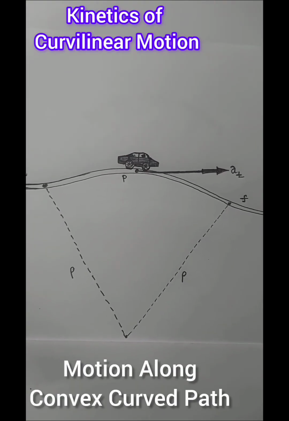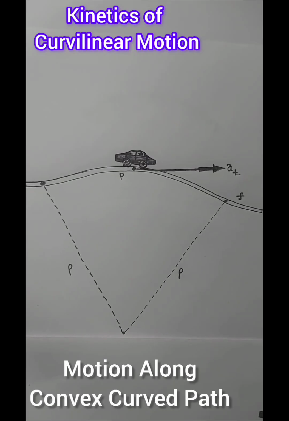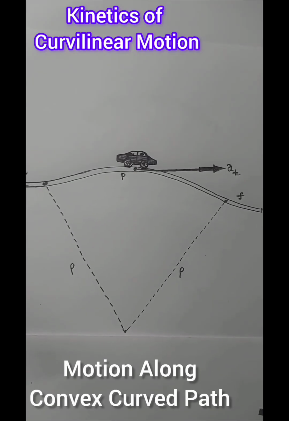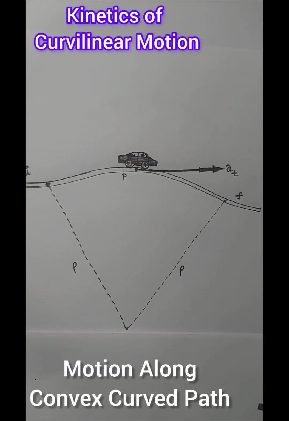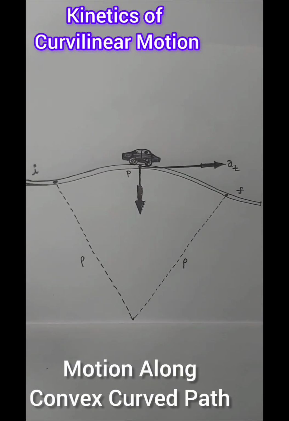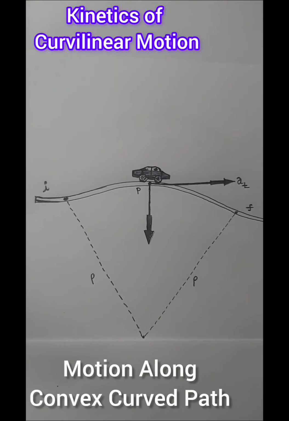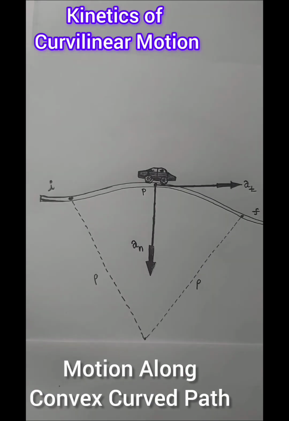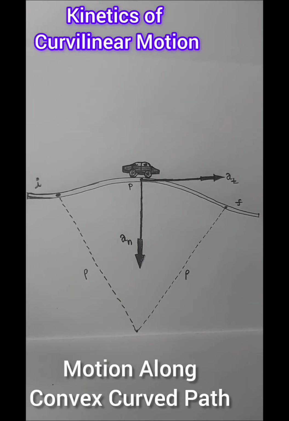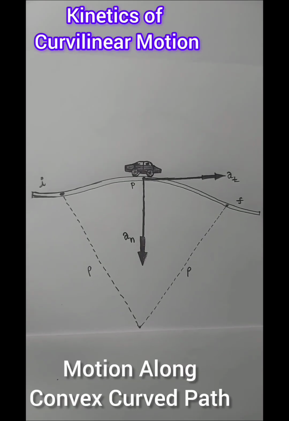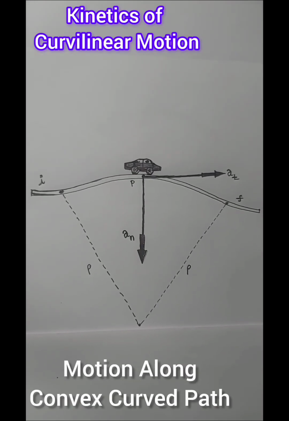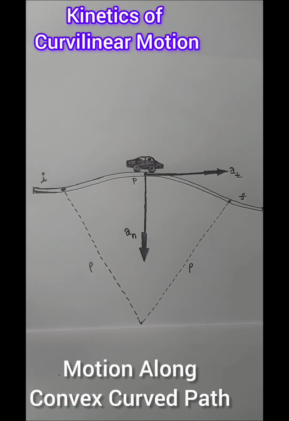Perpendicular to tangential acceleration through P, normal acceleration is directed towards the center of the curvilinear motion of the particle. The acceleration which is directed towards the center of curvilinear motion is considered as centripetal acceleration.